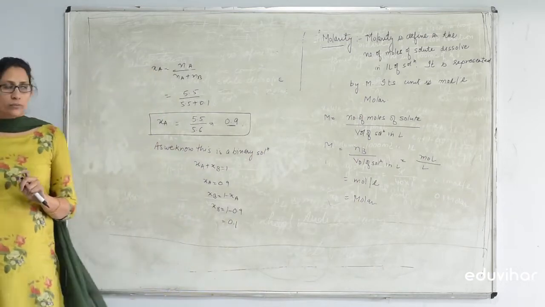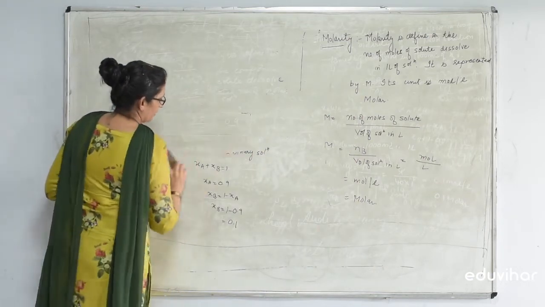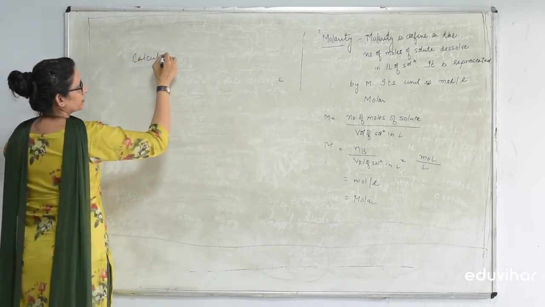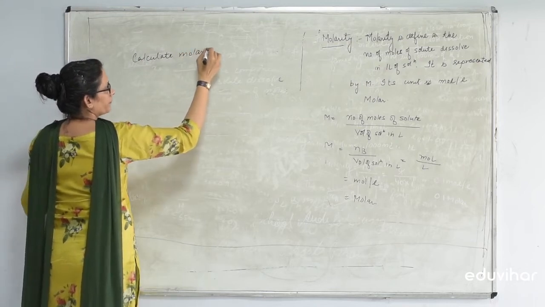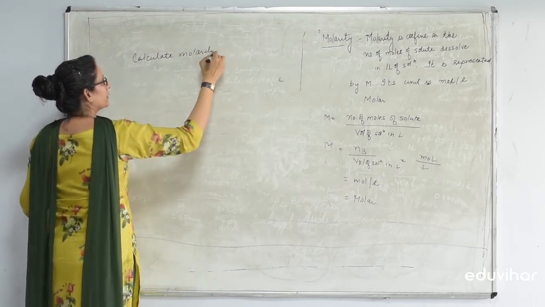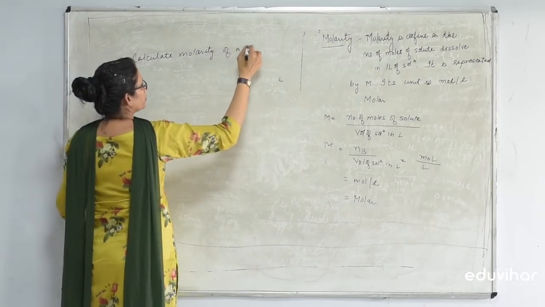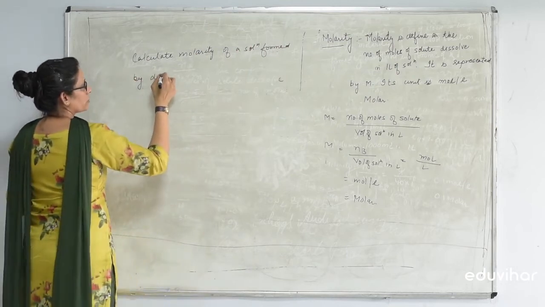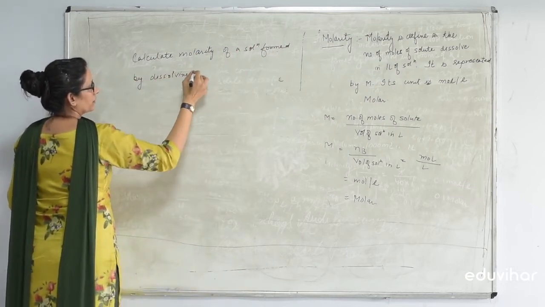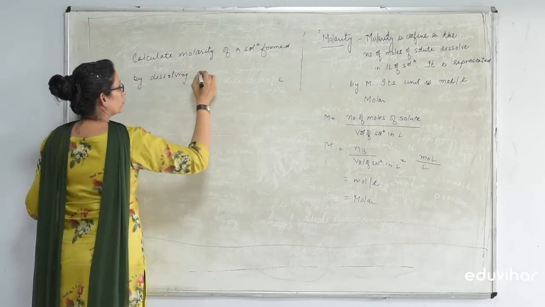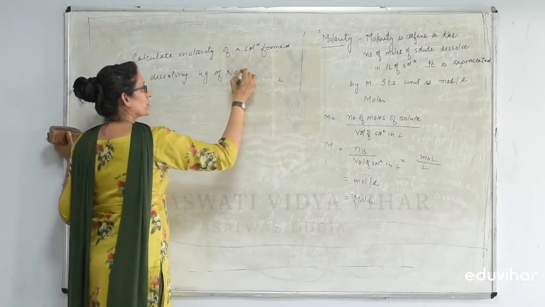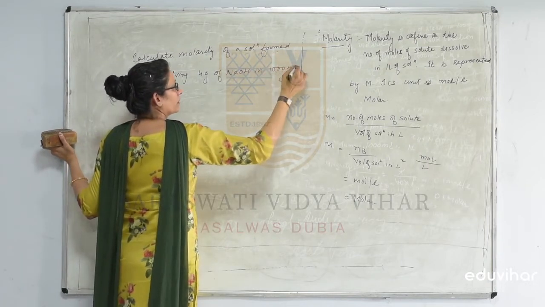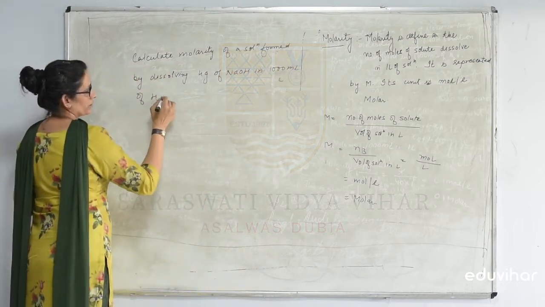Next, we do a numerical regarding this molarity. Calculate the molarity of a solution formed by dissolving 4 gram of NaOH in 1000 ml of water.